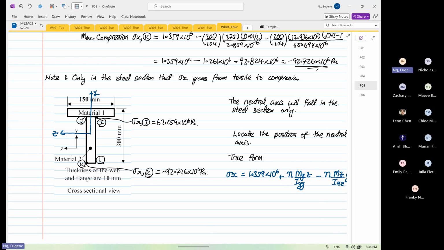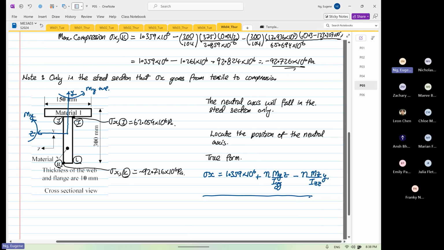Now, based on the true form, if you use the right hand rule, this is my positive. If you use the true form equation over here, my positive is in this direction. But for our case, things go opposite. Why do I say things go opposite?